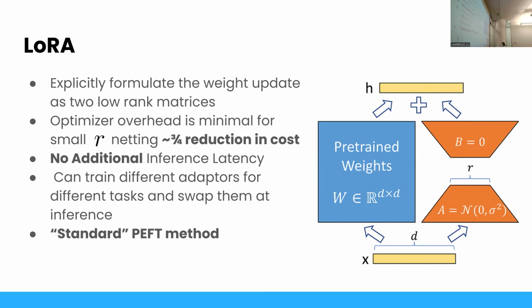A low rank matrix means you can express the matrix as two rectangular matrices much smaller than the original matrix, which allows us to save parameters.